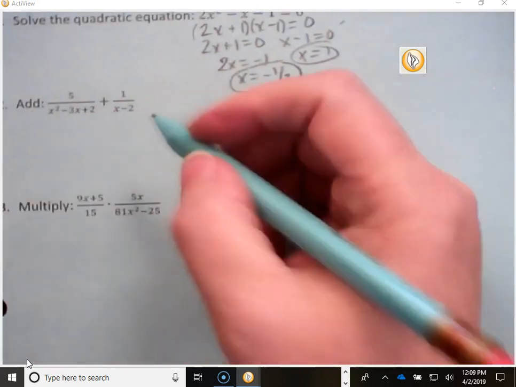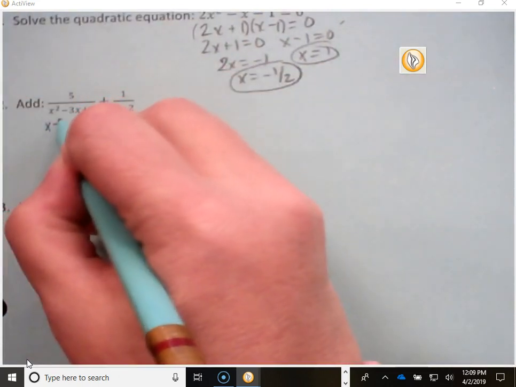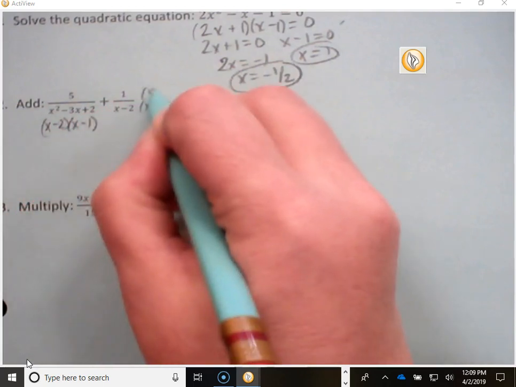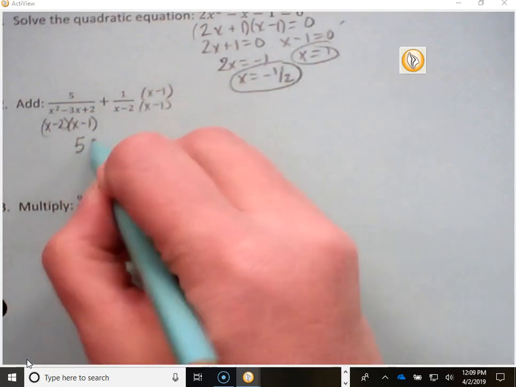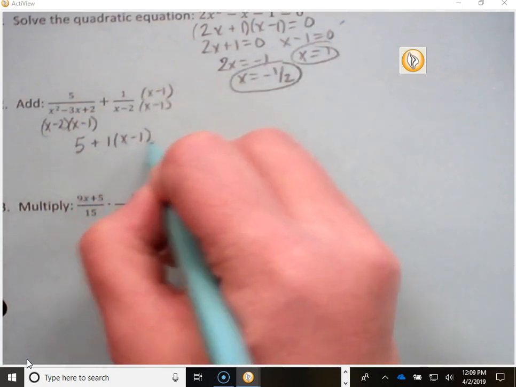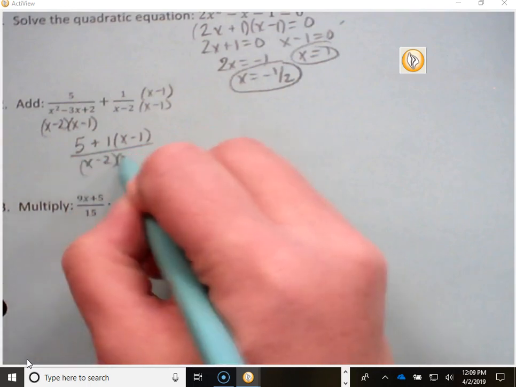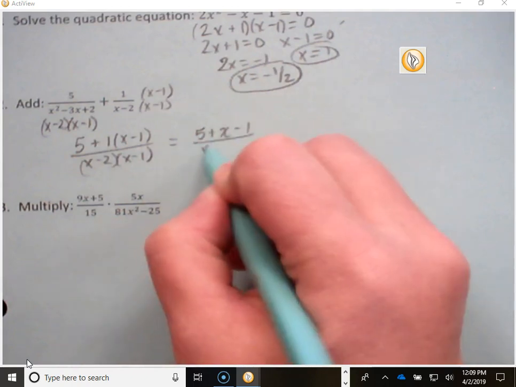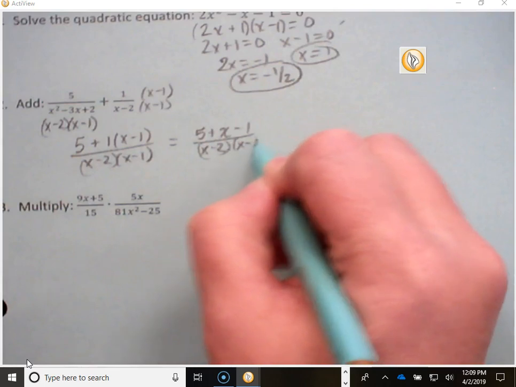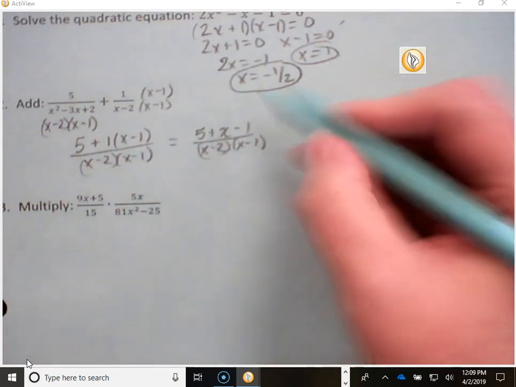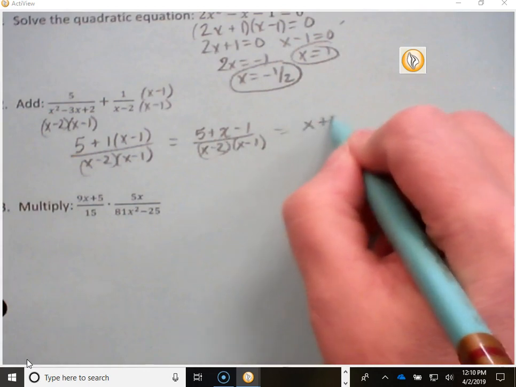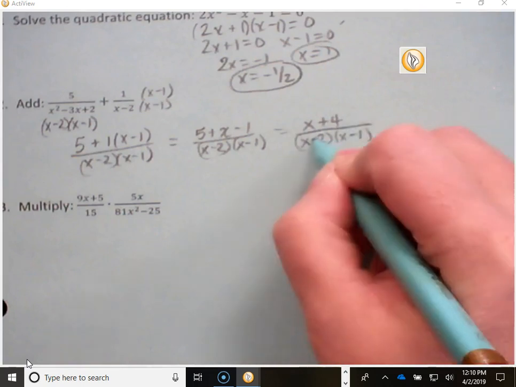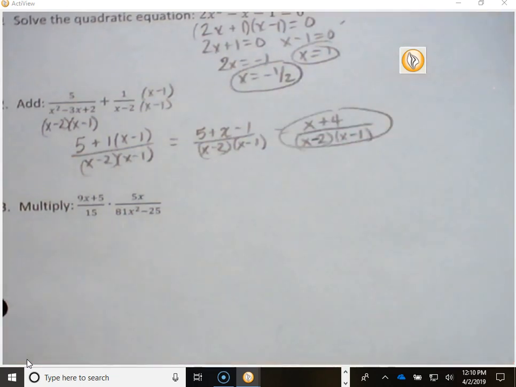Then we need to get a common denominator to add. So, got a common denominator. Nothing else factors. So there's that.